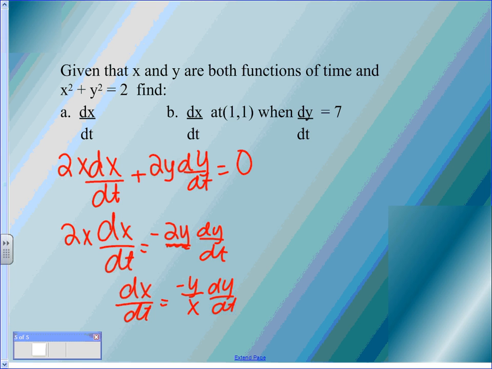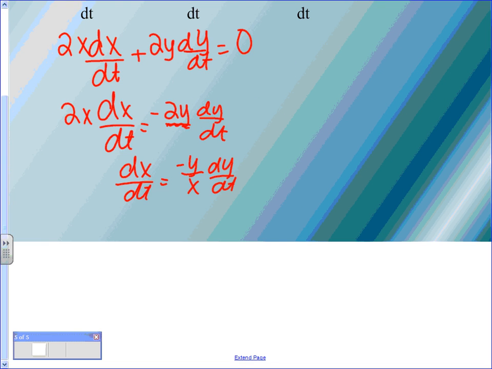So it says dx over dt. We just found it at (1, 1) when dy over dt equals 7. So that's the rate with respect to y. We don't really know anything about this problem. But how would I figure out what the value of this would be? So negative 1 over 1 times 7, right? You all see how that works?